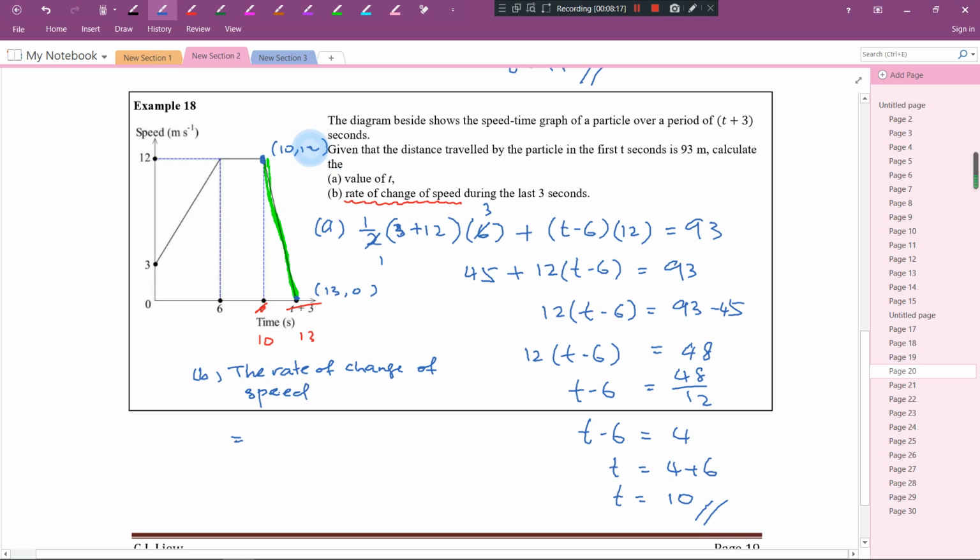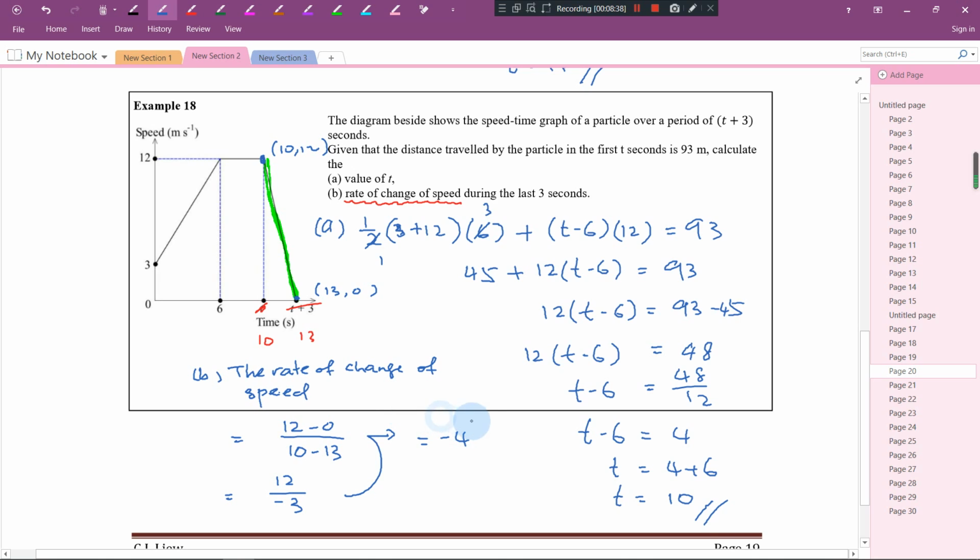Let's say you take 12 minus 0, then for the x part you have to follow 10 minus 13. So this is 12, this is negative 3. So the answer will be negative 4, right?